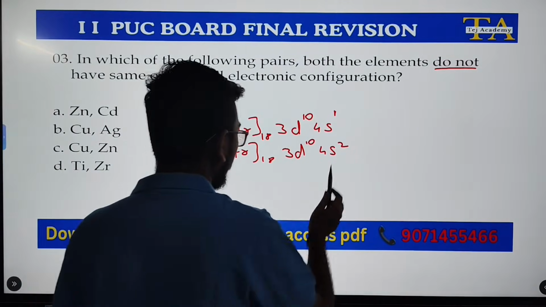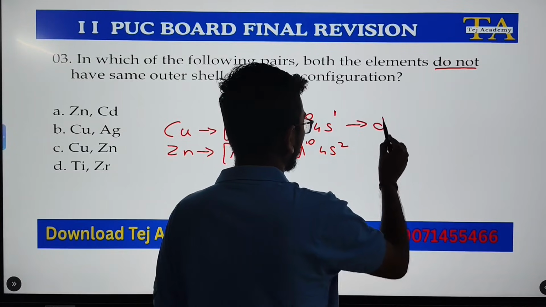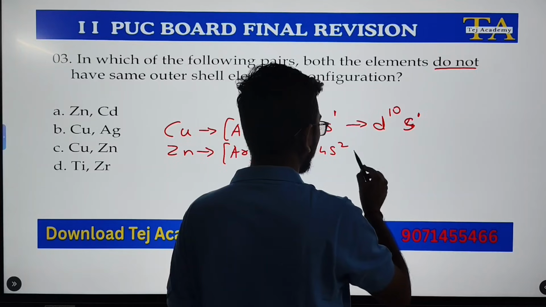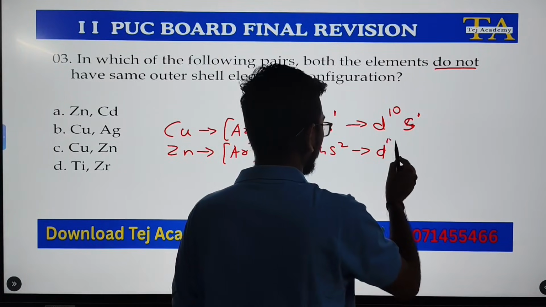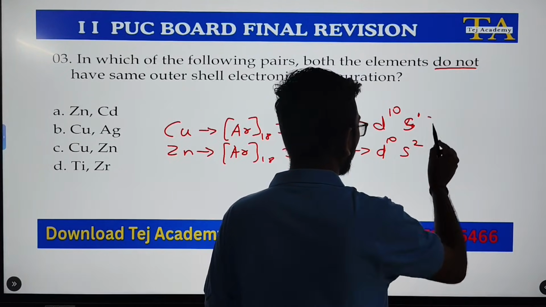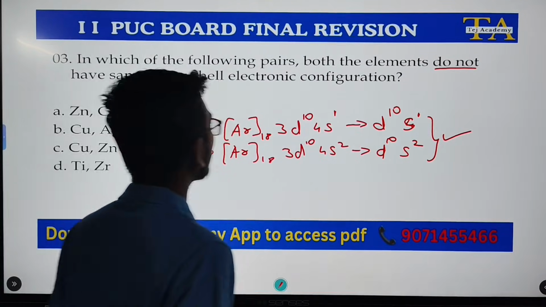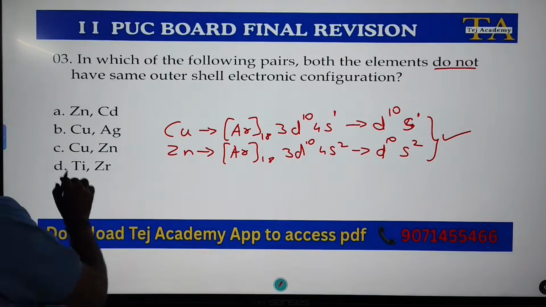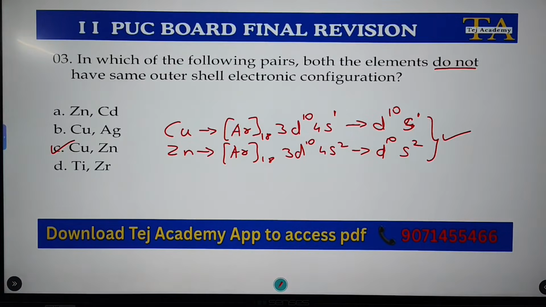If you see this outer electronic configuration, d10s1 here and d10s2, both are having different outermost shell electronic configuration. So which option is correct? Option C. You can check for silver also.